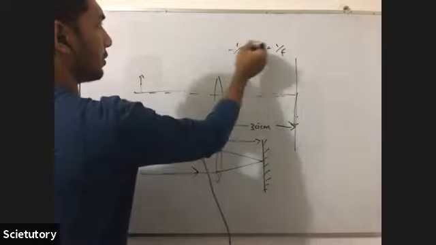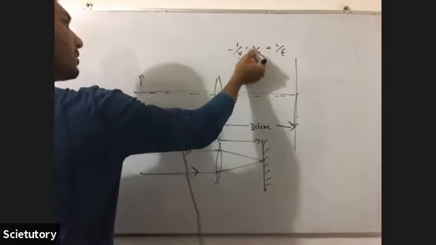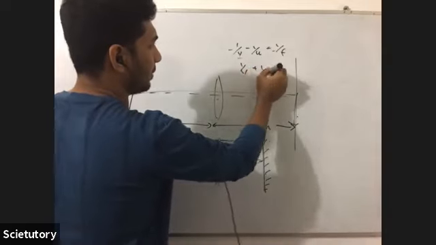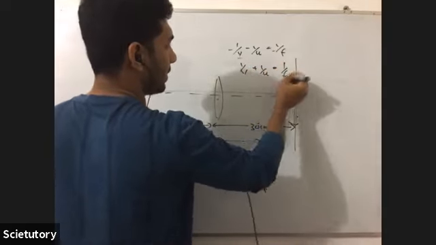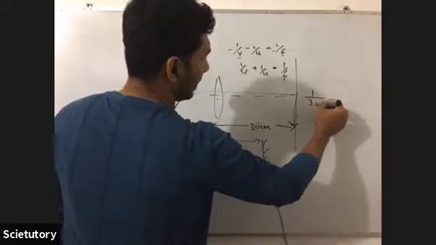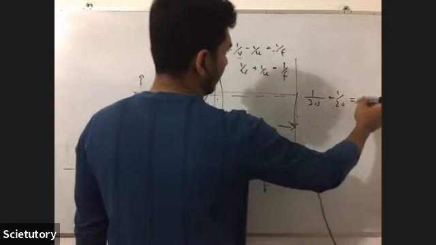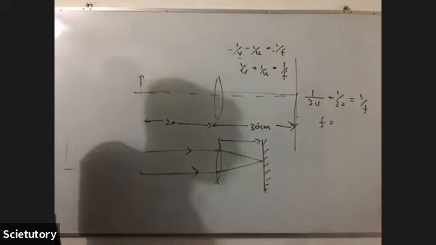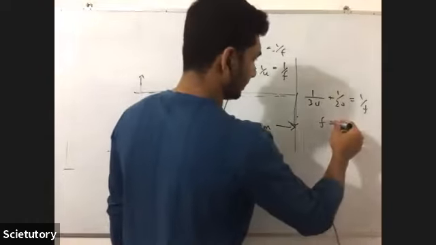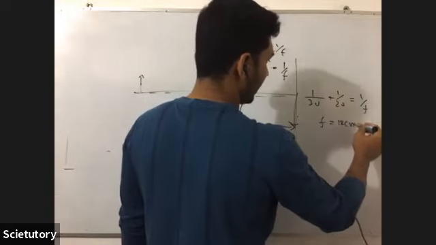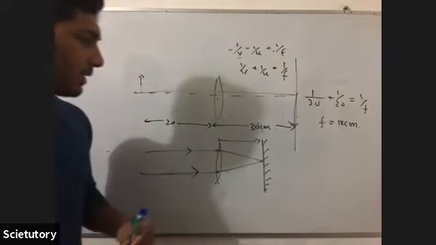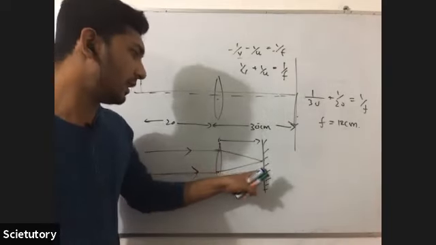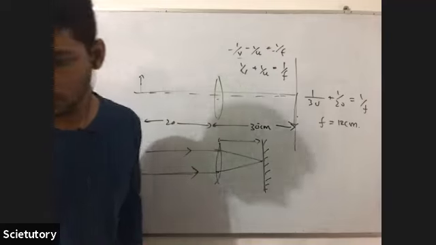So 1 over 30 plus 1 over 20 is equal to 1 over f. So what is f here? 12 centimeters. Okay, so that is the answer: 12 centimeters, because you get the image at the focal point.